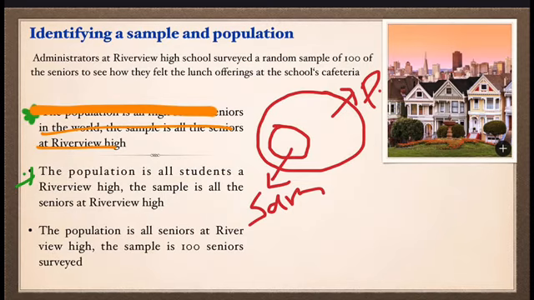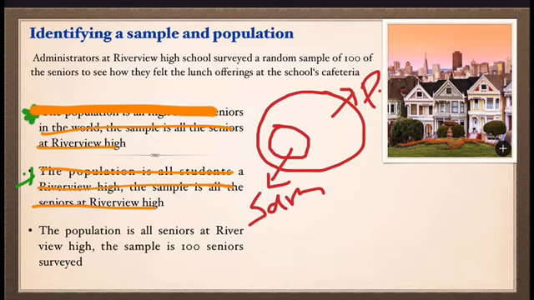In this one, they didn't survey all the students in River High School. The sample says it's all the seniors, and no, it's only 100. So no, this is not the correct answer, according to the setting.